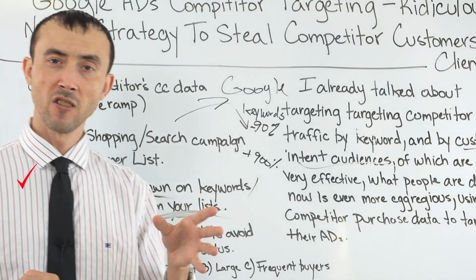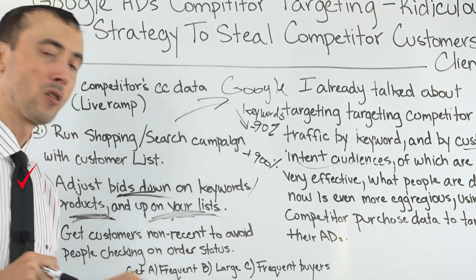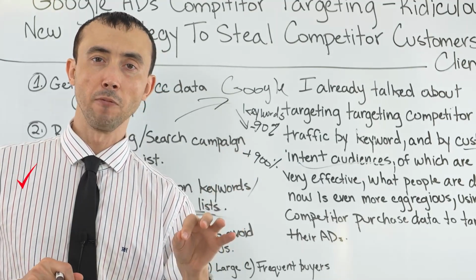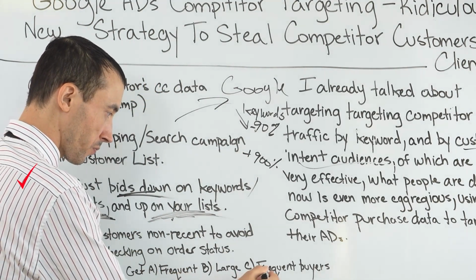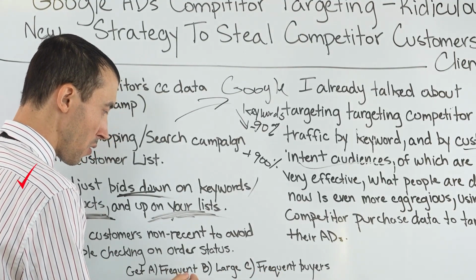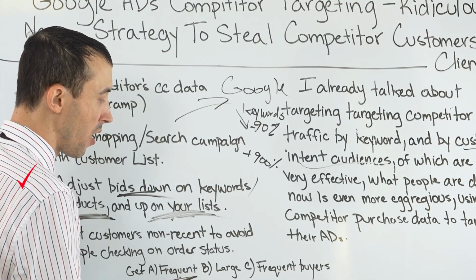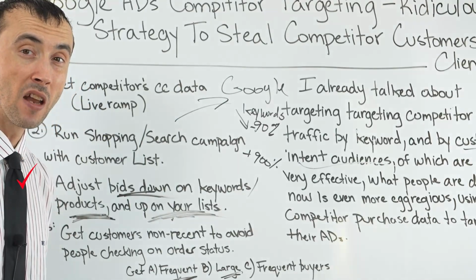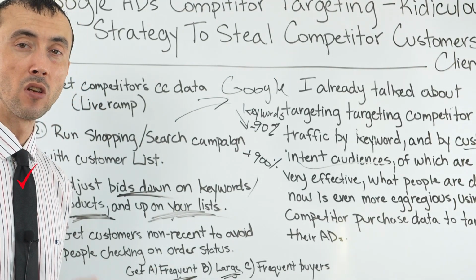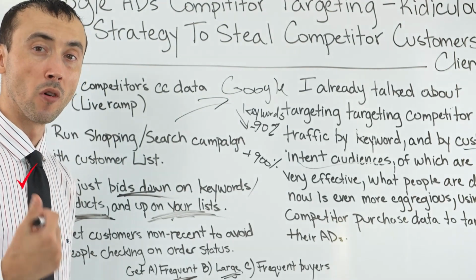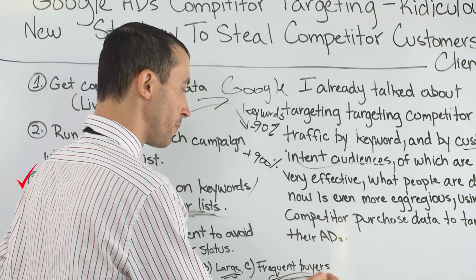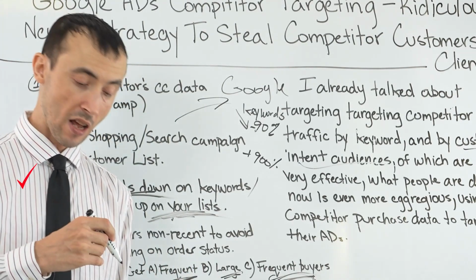And if that didn't get you a high enough ROI, you could target people who bought multiple times from your competitors before. So they either bought more than once, or have spent a lot of money, which you can also dictate when you go to LiveRamp to create a more specific competitor customer audience, or people who bought frequently, or should I say recently.